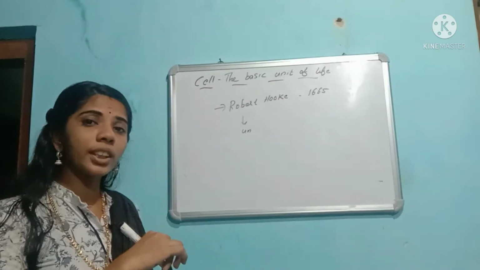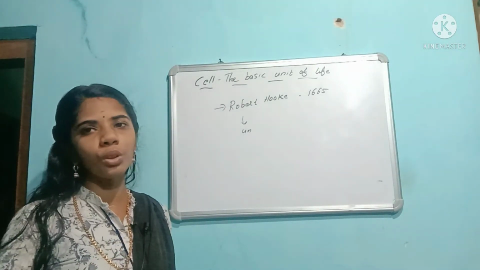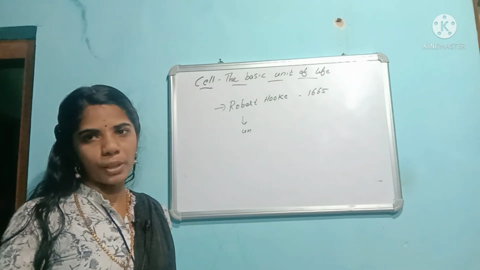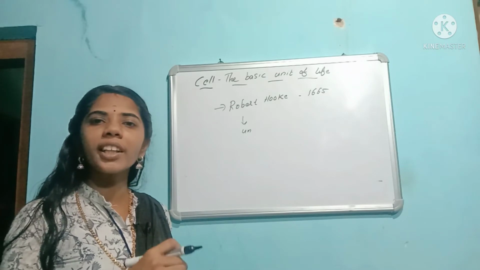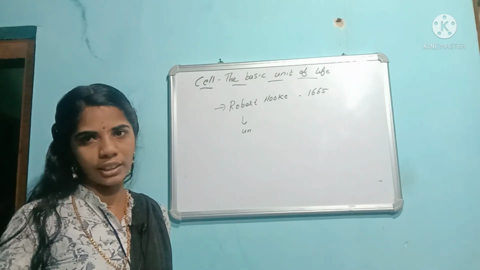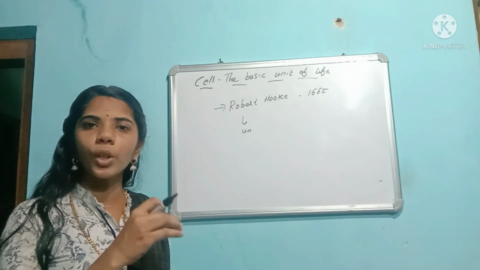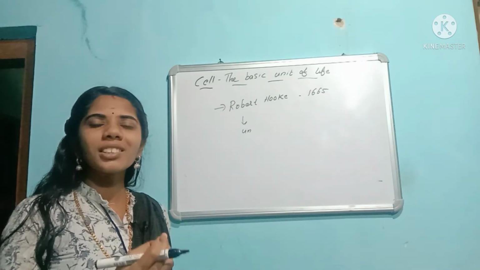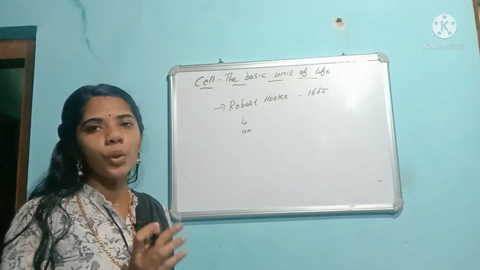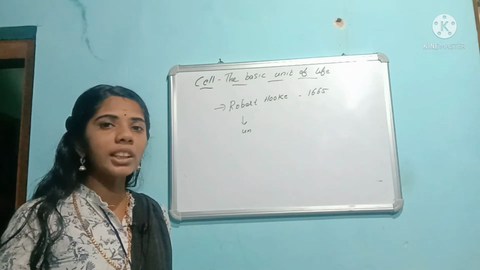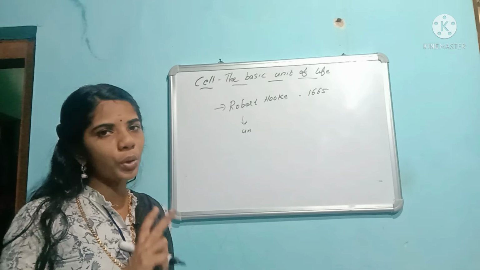And one more thing: in that time there were no microscopes available. So he observed the cell under a single magnifying device he invented by himself. He developed one of the microscopes, with only a single lens. Presently, the microscopes we use, like the compound microscope, have two lenses.